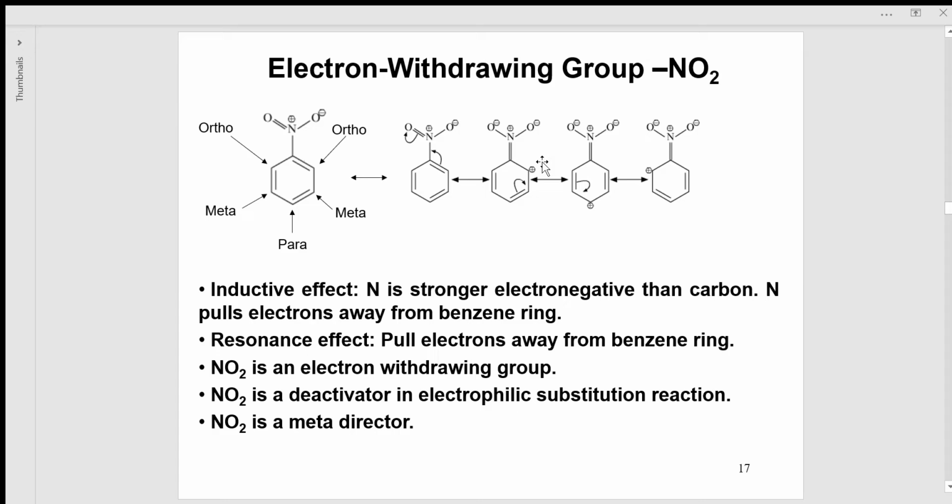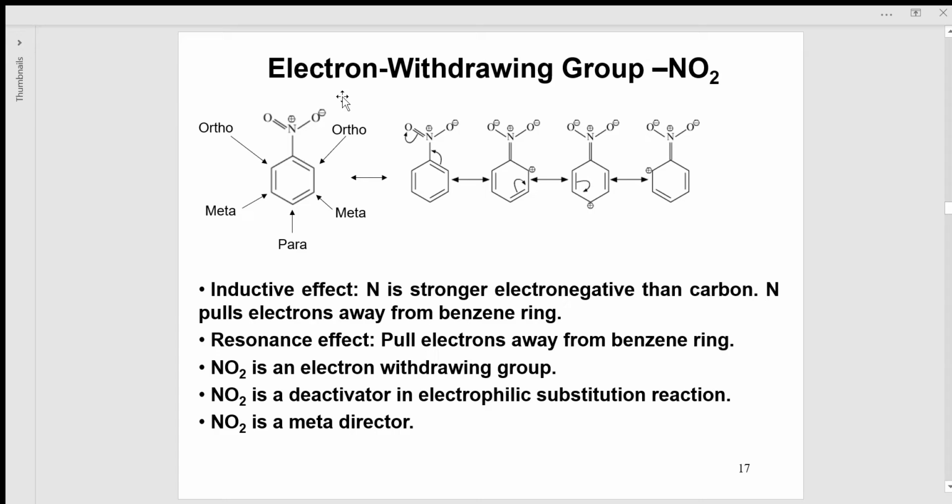Let's take a look at an example here: the nitro group, NO2. Nitrobenzene. This is the Lewis structure of nitrobenzene. If we draw a valid Lewis structure, we can see this nitrogen atom has a positive charge and this oxygen has a negative charge.